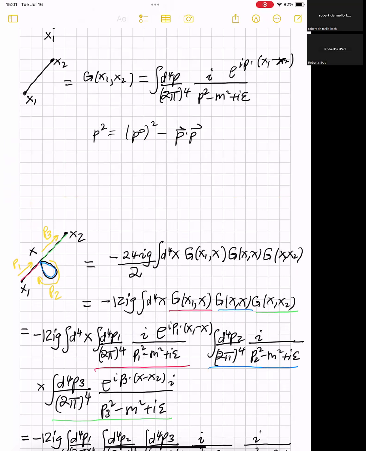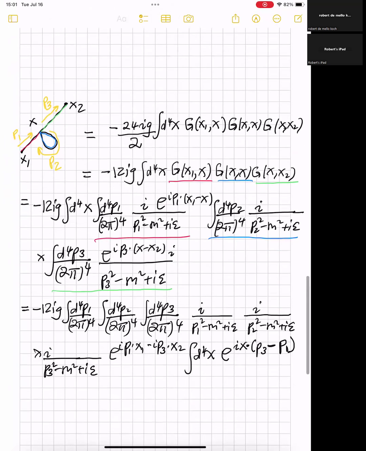Okay, good. Now we can perform this integral d4x e to the i x dot p3 minus p1. This is an integral that I've told you is very important and is going to feature a lot. There's a 2 pi to the 4, and there's a delta 4 of p3 minus p1. So what does this delta function do? It sets p3 equal to p1.